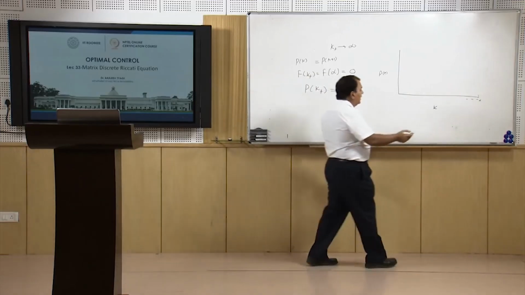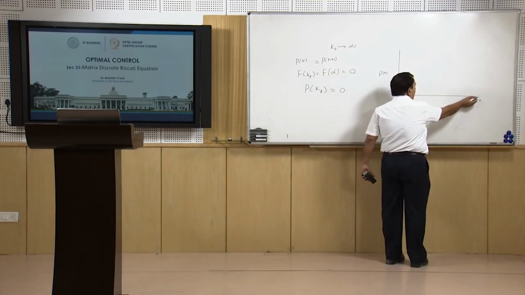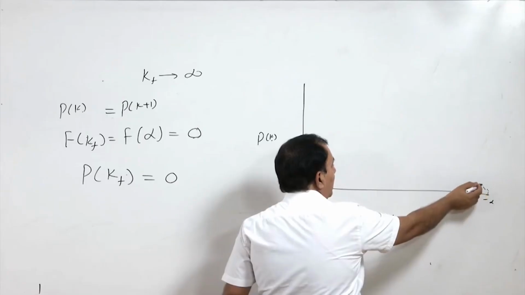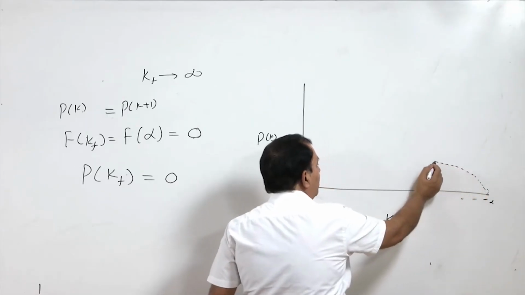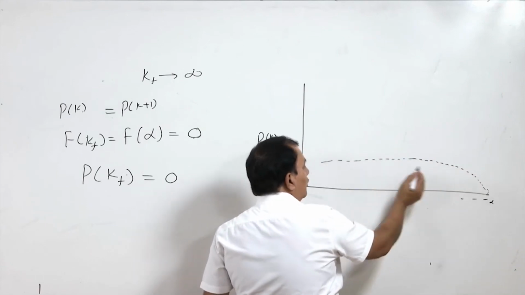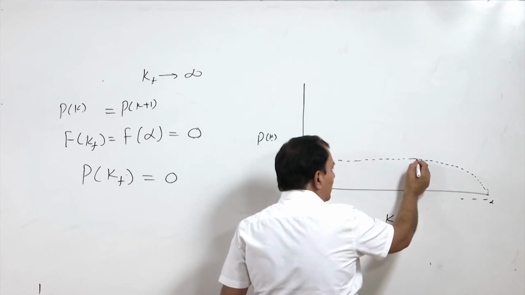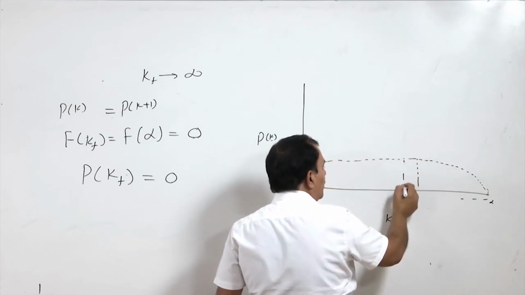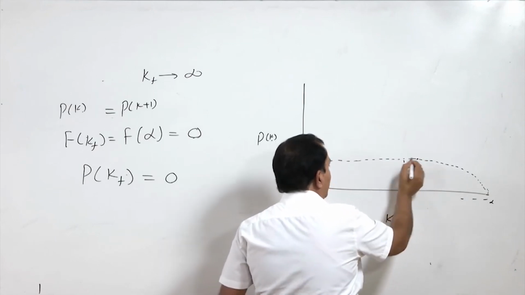So, we are starting evaluating the P_k from a 0 value, and in backward direction, after some time this solution is going to be a constant value.